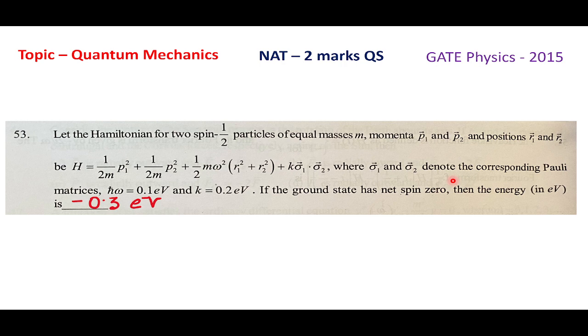That's the general thing you read for a spin-up particle. It obviously depends: if it is a spin 3/2 particle, it will change. Obviously there will be 3 cross 3 matrices, but for a spin-1/2 particle, this is a 2 cross 2 matrix that we know, right? For electrons or protons, what will it be?